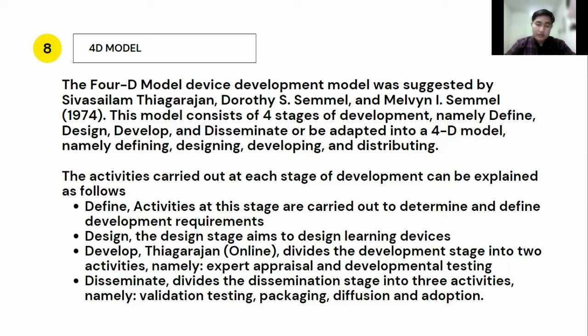Thiagarajan divided the development stage into 2 activities, namely expert appraisal and developmental testing. The last is disseminate, divided the dissemination stage into 3 activities, namely validation, testing, and packaging, diffusion, and adoption.